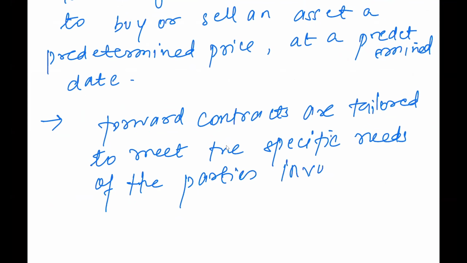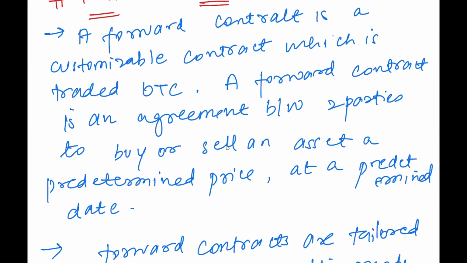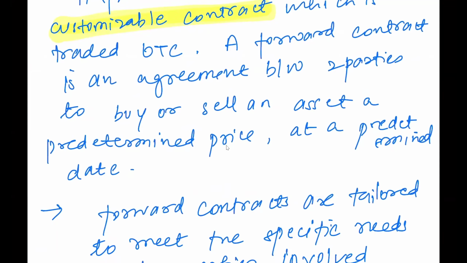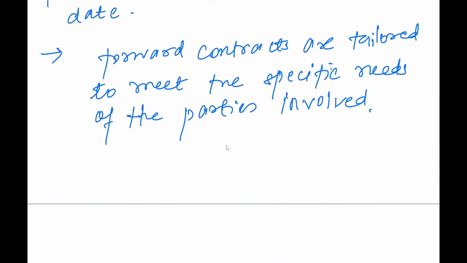That is why forward contracts are customizable. These are customizable contracts, which basically means they can be customized depending on the requirements of the parties. And that is one reason forward contracts are traded over the counter, because we know that instruments traded over the counter are customizable contracts.